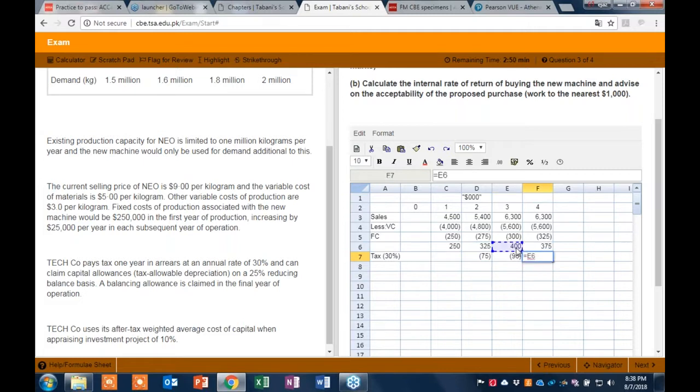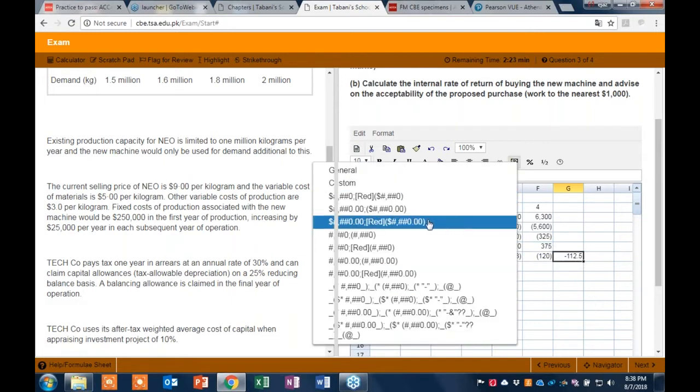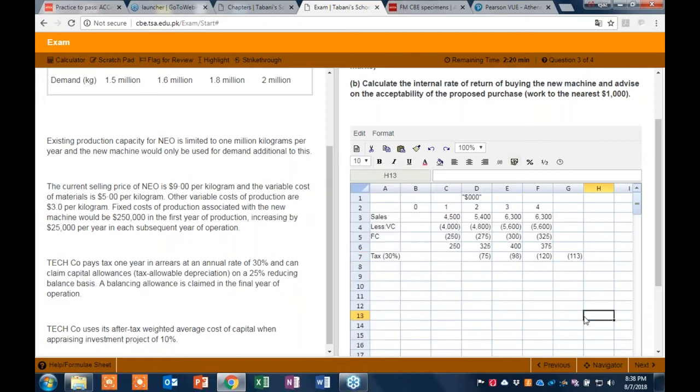Then we'll be taking 30% of 400, should be a negative figure, and then 30% of 375. Is it clear?